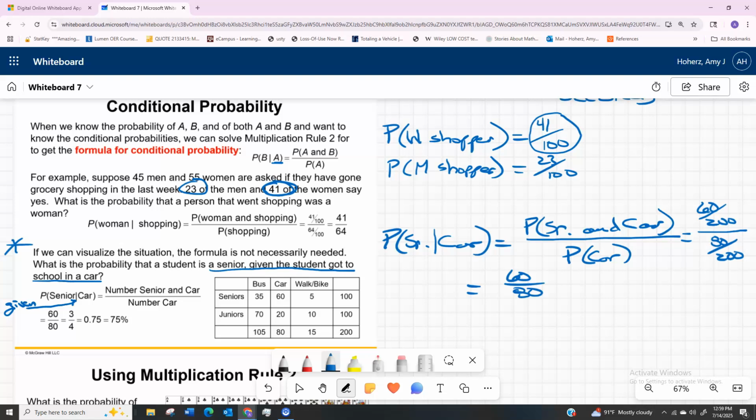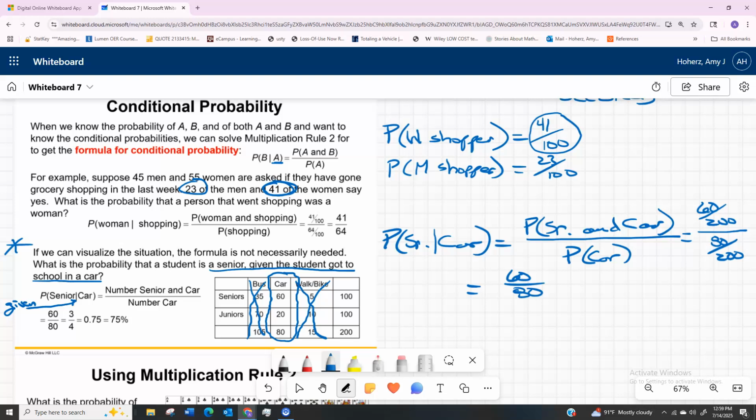In other words, we don't care about the bus riders, and we don't care about the walker bikers. We only care about the car riders. So that bar says throw out anything that's not after this bar. If it's not a car rider, don't even look at it. We don't care about them. We only care about the car people because we're given that they're a car rider.